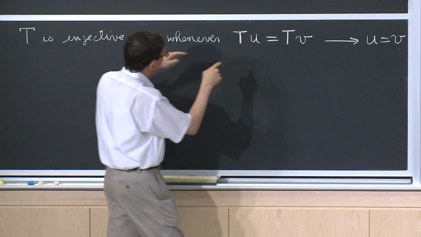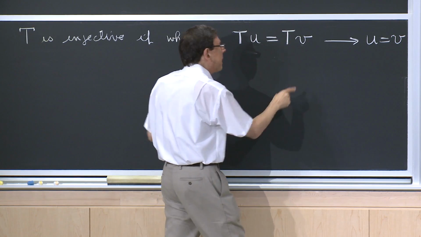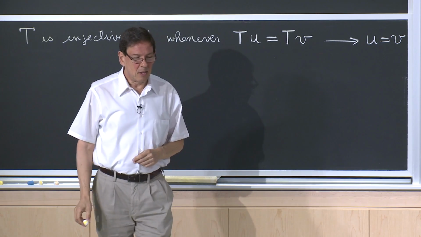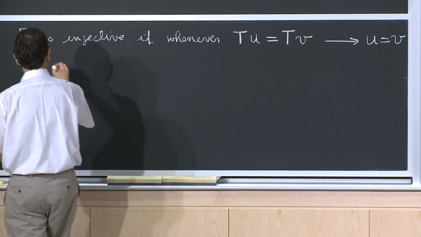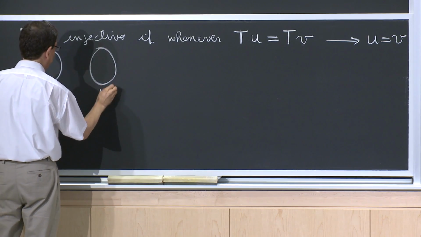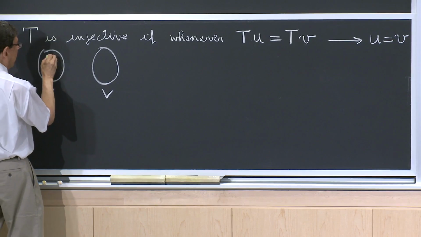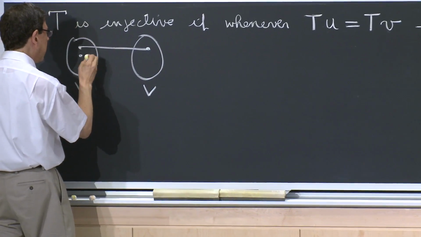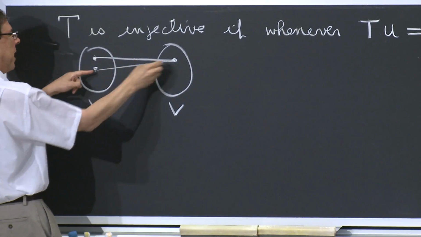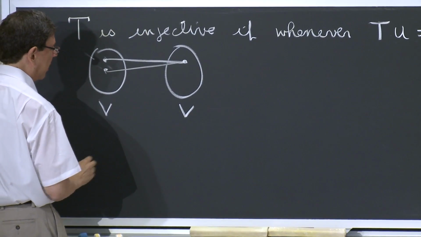So if you get the same thing after acting on U and V with T, then U must be the same thing as V. If you think of the vector space V like this blob, and here's another copy of V, you have two vectors here. This can go to another one. This does not happen, that two different vectors go to the same thing, if the operator is injective.